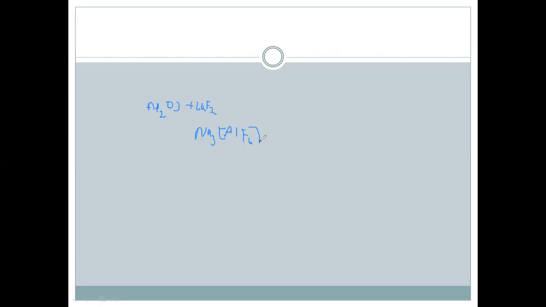Another method is the Serpeck process. Note it. This Serpeck process is again for aluminium extraction only. What you do? You have to treat this alumina with carbon and nitrogen. I get aluminium nitride and carbon monoxide.